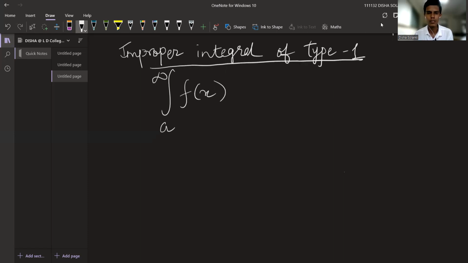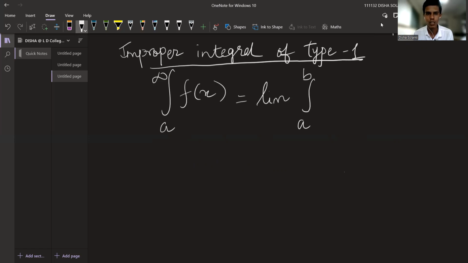If this function f of x has been integrated from a to infinity, how to solve this integral is we take the limiting condition of this integral. Means we assume that there is some number, let us say it is b. So we take this integration from a to some proper number b. Now this b is tending to infinity, so we apply the limiting condition here.